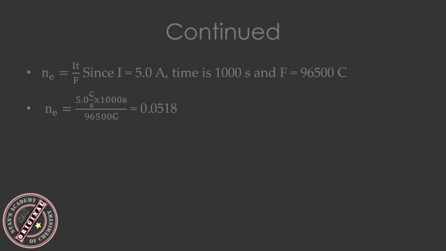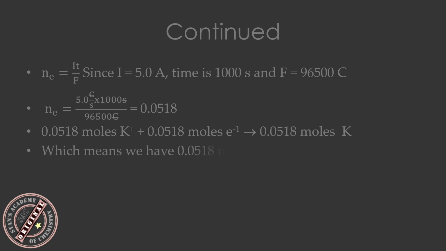So the number of moles of electrons flowing through the circuit is 0.0518. And if you have a balanced equation, we can find out the number of moles of potassium. We can say 0.0518 moles of potassium ions will need 0.0518 moles of electrons, and will produce 0.0518 moles of K. This is exactly the same equation that we wrote in the previous slide. So we have 0.0518 moles of potassium.